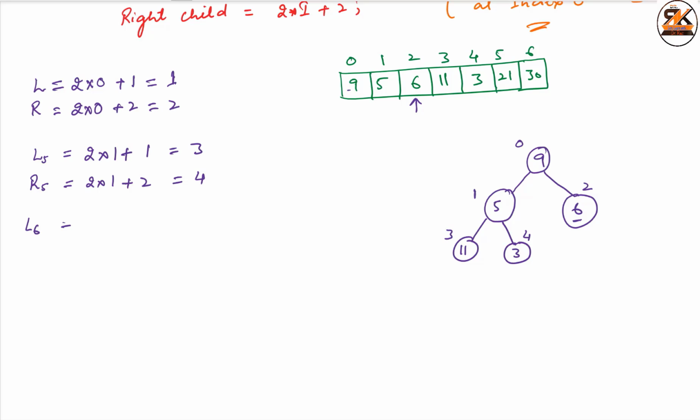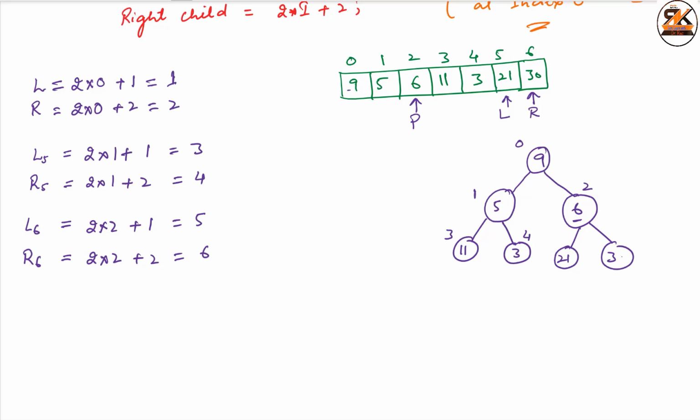So left of 6 will be found as 2 into index value 2 plus 1, equal to index 5, and right of 6 will be found as 2 into index value 2 plus 2, which is equal to 6. So the value at index 5 and at index 6 will be representing left and right child of this parent node. Okay, so here we will be having 21 and here we will be having 30.